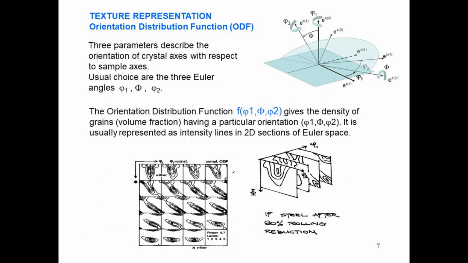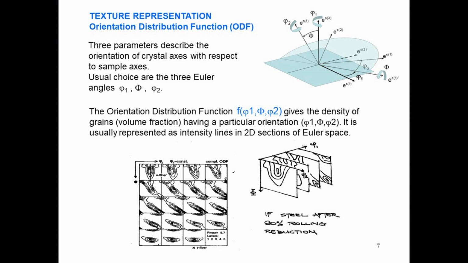Now, in order to represent texture, the crystal is defined with respect to how it sits in the sample. So, you see that your crystal has these three axes, and the crystal is rotated with respect to the sample by doing three consecutive rotations.